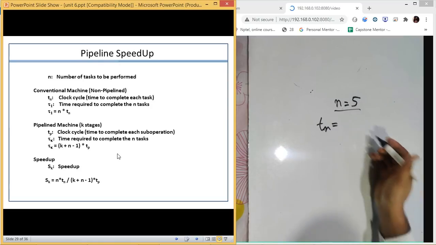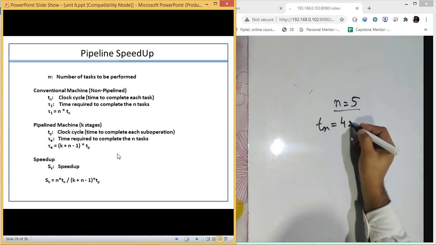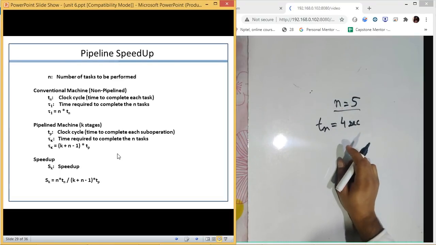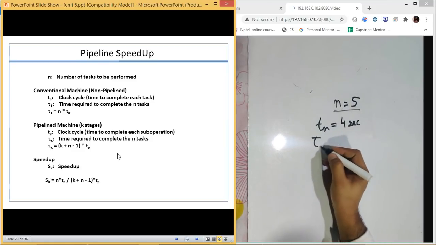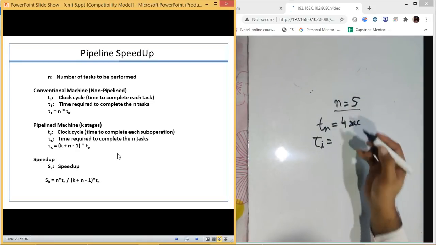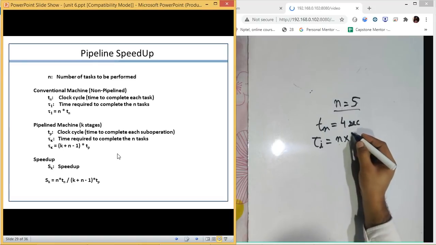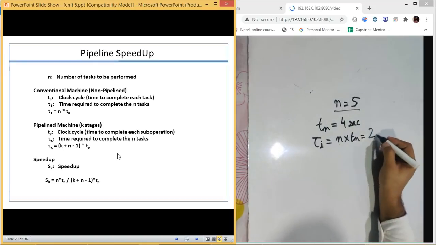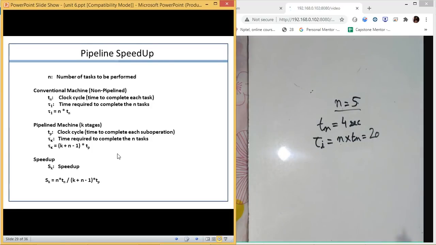Like if it takes 4 seconds to execute one task, then how much time is it going to take to execute all the tasks? That will now be represented by Ti. This will simply be equal to n into Tn, which is 5 into 4, 20, which is very simple to calculate.